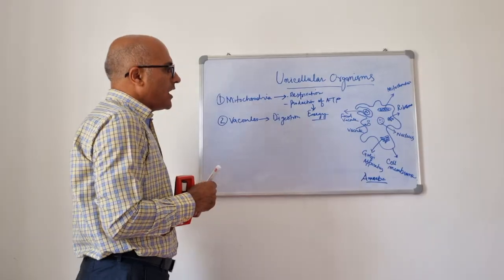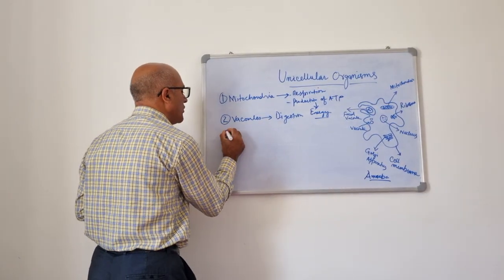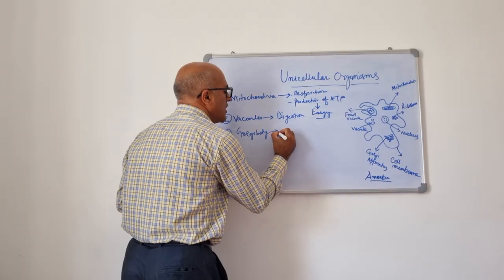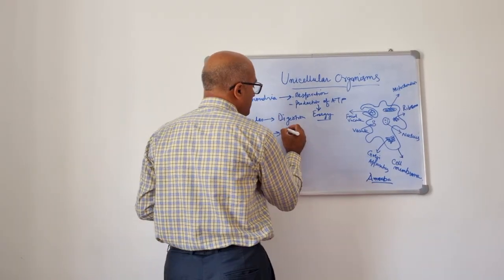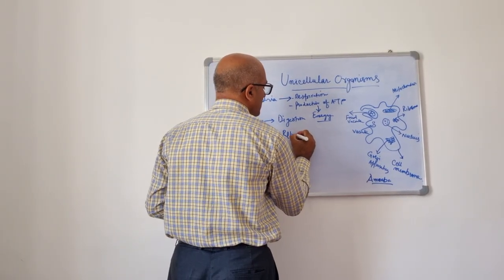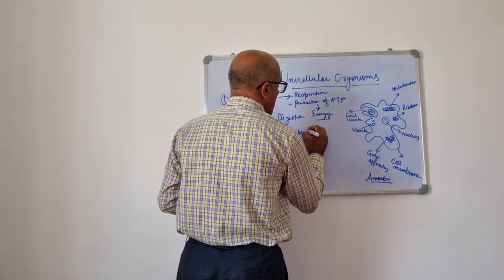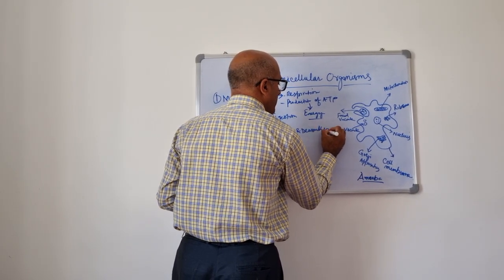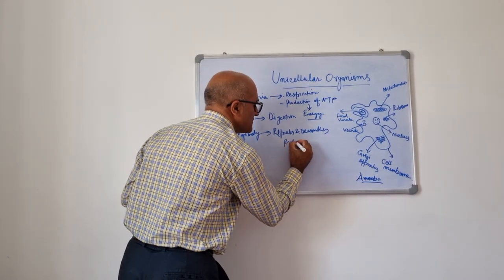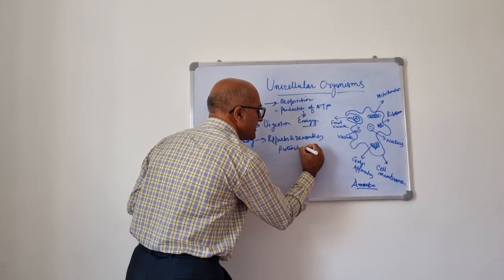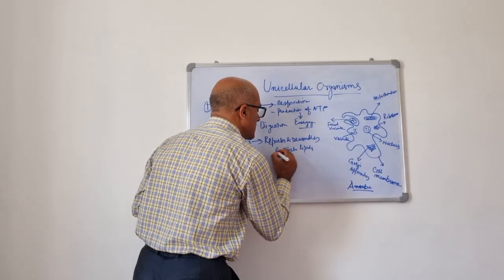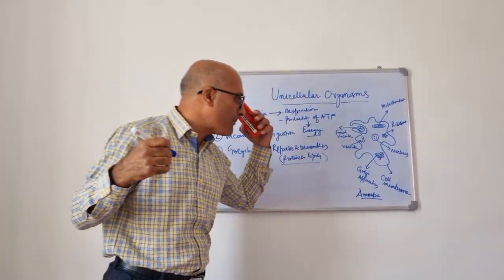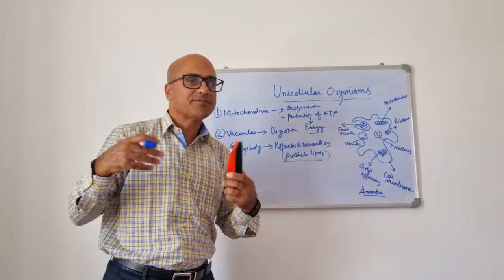Okay. Third, we'll come to Golgi body. What the Golgi body does is that it repacks and reassembles proteins and lipids to be used, for example, in the replacement in the cell membrane.